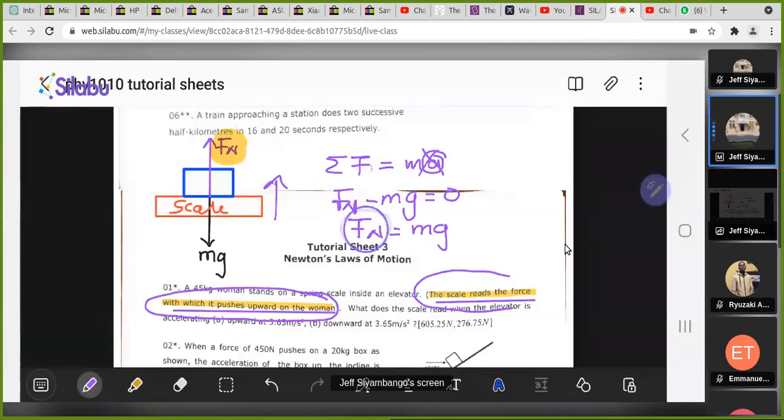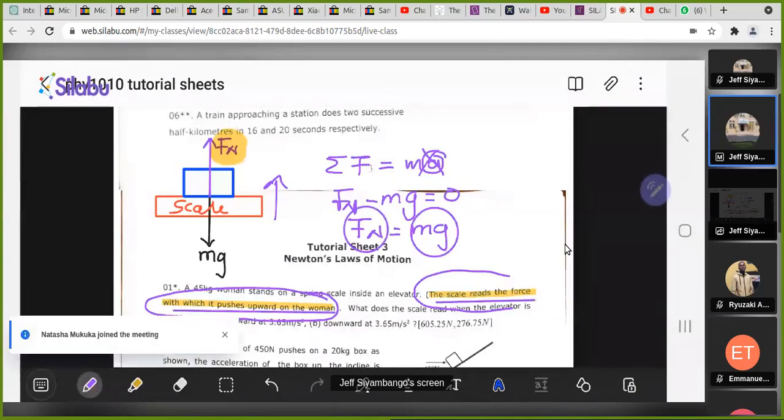This is how a scale is used to determine the weight of an object. What it actually measures is the force it pushes onto the object with. But in a case where the scale is not moving altogether, it just so happens that the force it pushes this object with is actually equal to the weight of the object. So this is how a scale works.